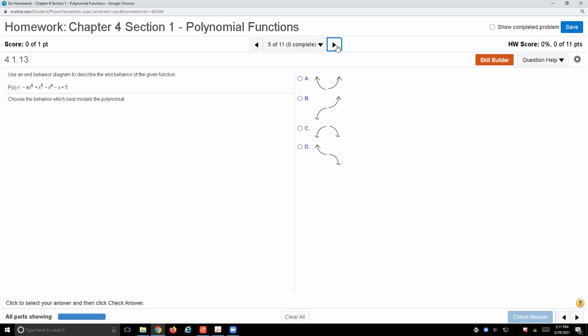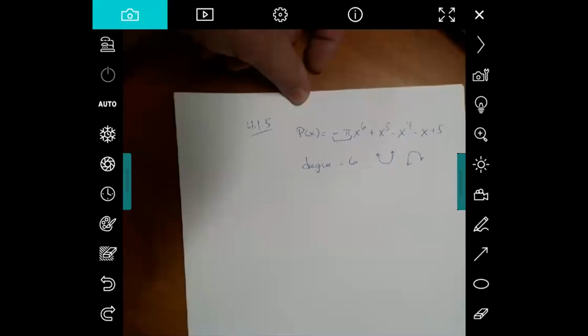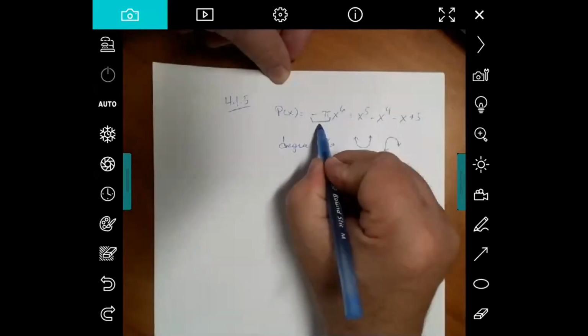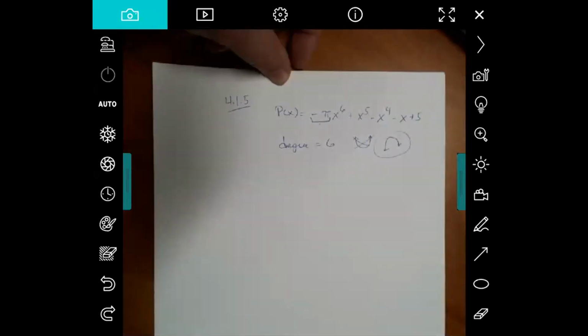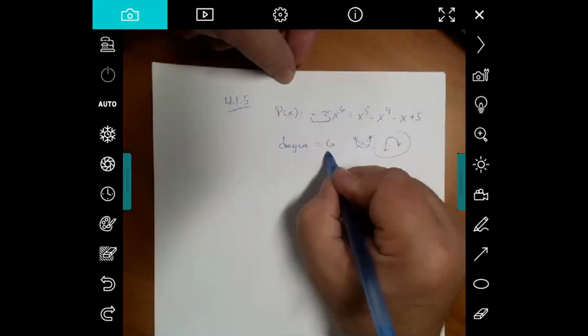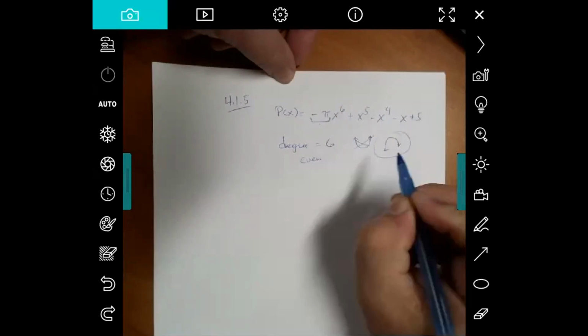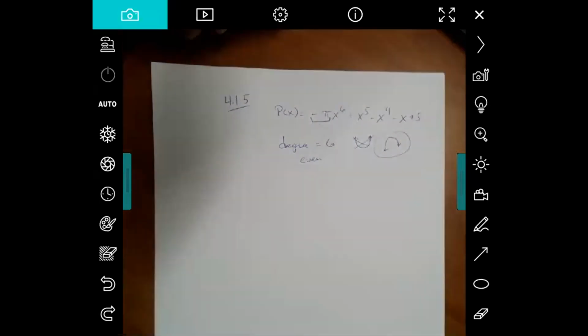So it means they both either go up or down. And since the leading coefficient is negative, it points down. Because the degree is even, and it's a negative function.